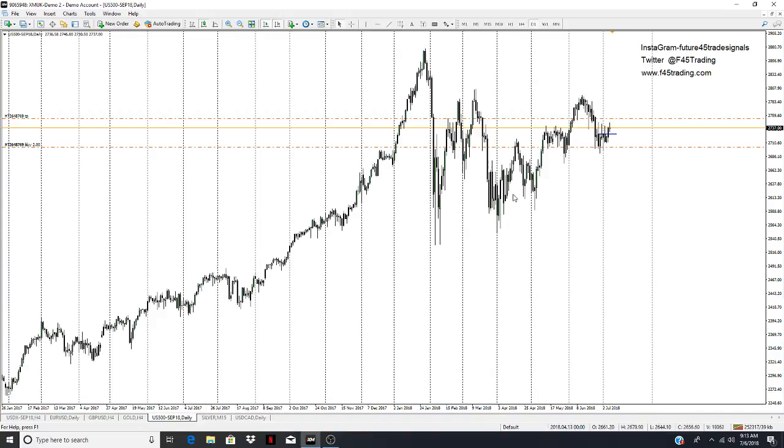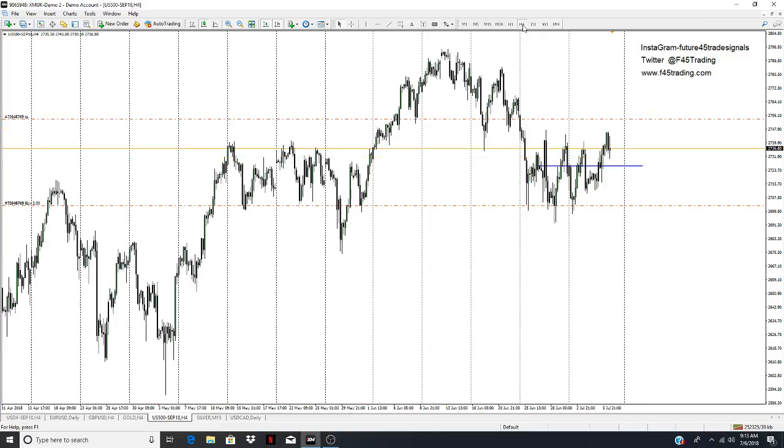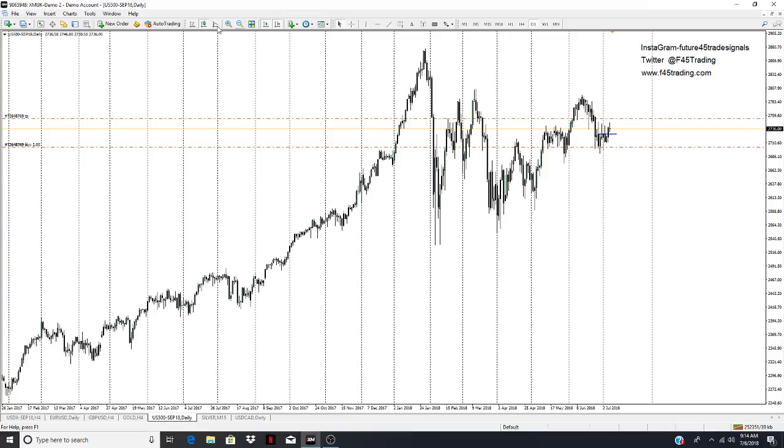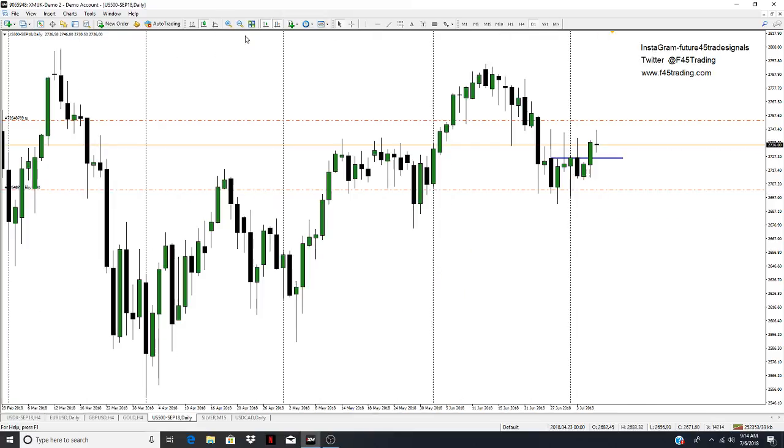All right, let's look at the ES here, and this was my trade for the trading group on Monday. I believe I took this, and we got in down here. Let me take a look here. It's been chopping around.